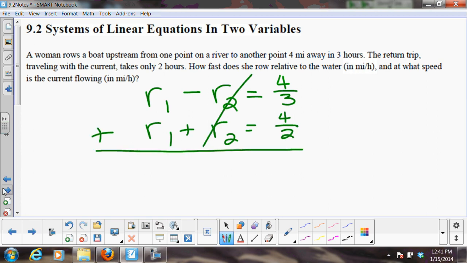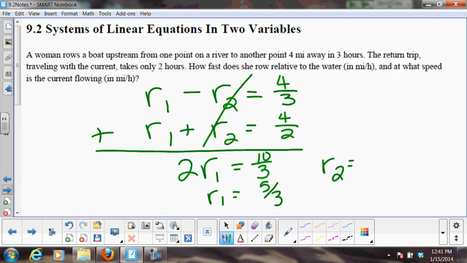So our rate 2's go away. 4/3 plus 4/2 is 10/3. So our rate of our boat is 5/3 miles per hour. When you plug it back in to get the rate of the current, it ends up being 1/3.